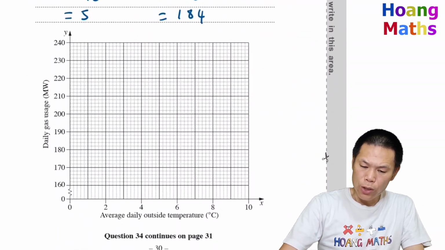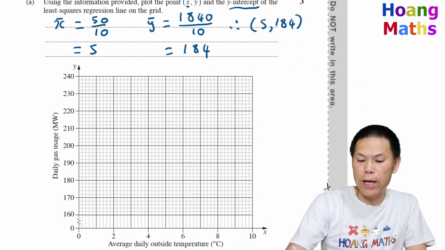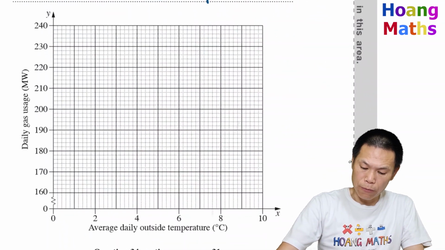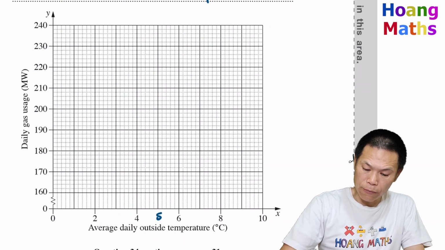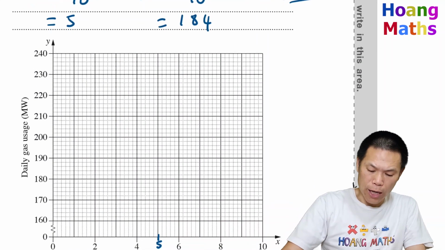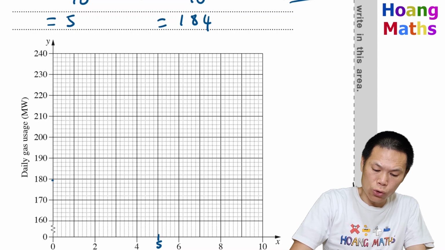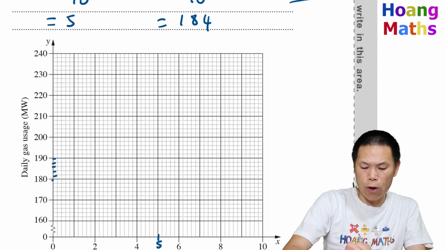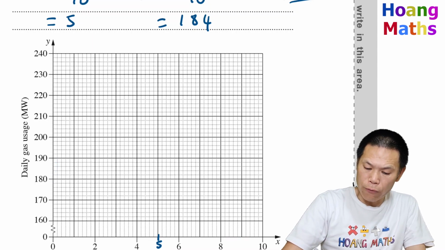So let's have a look. X is 5, Y is 184. So 5 is here, and then Y is 184. We know that 80, 2, 4, 6, 8, 10 go up by 2. So 184 is 2, 4. So this point here.